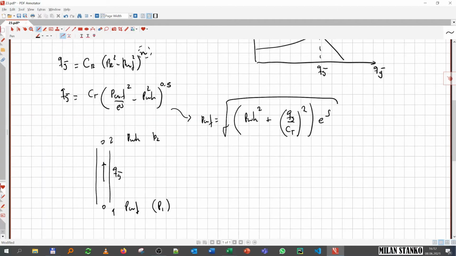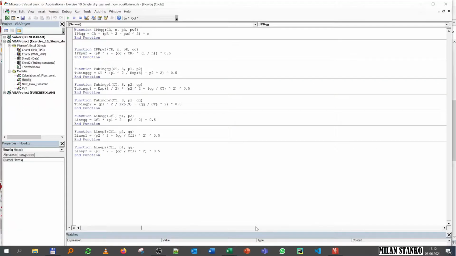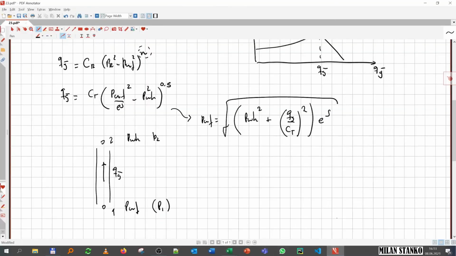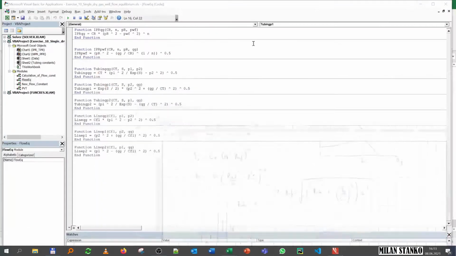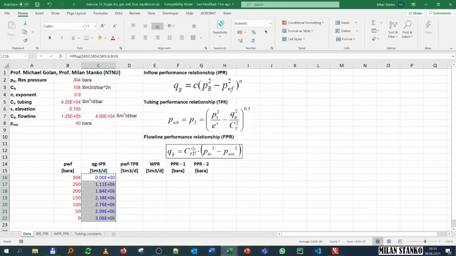So the equation we want to use is P1, but let's just verify that we have tubing P1. We have this exponential. Of course, the square root applies, because in this case it's outside. And then we have P2 squared, which is the wellhead pressure, plus the QG divided by 2 and divided by CT.